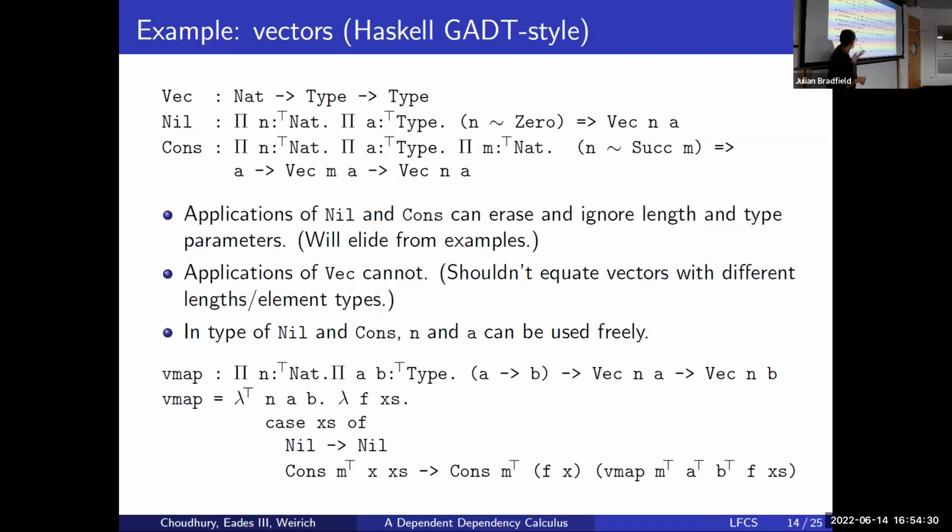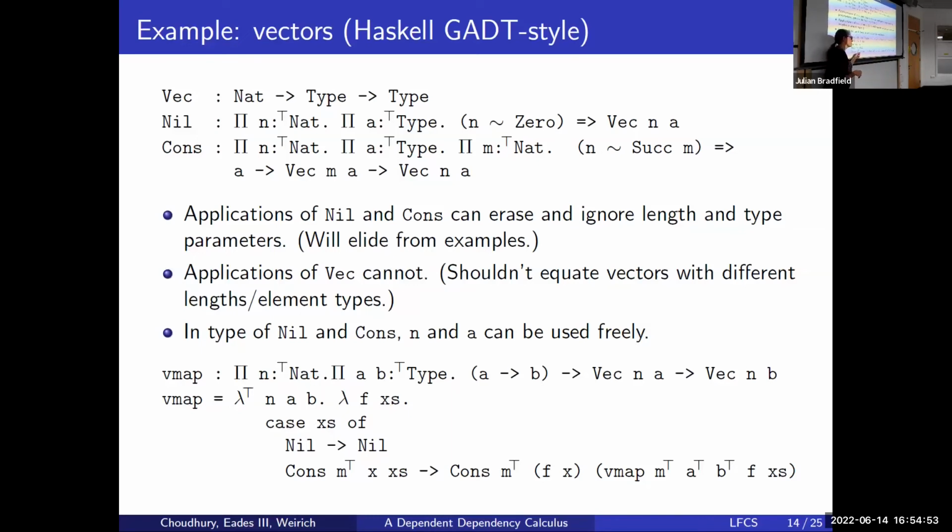Pattern match it. I can return nil. If I have a cons, since I'm doing this GADT style, cons also carries a length that is the predecessor of n. But that's also going to be irrelevant. That doesn't have to get stored with cons.